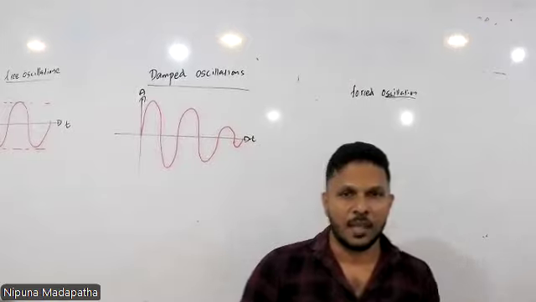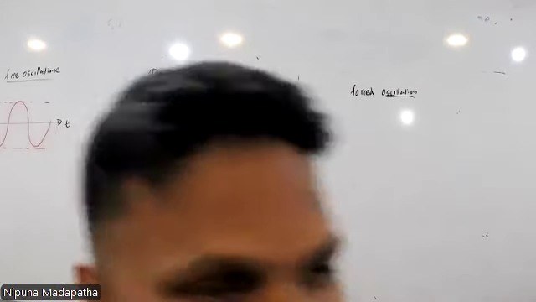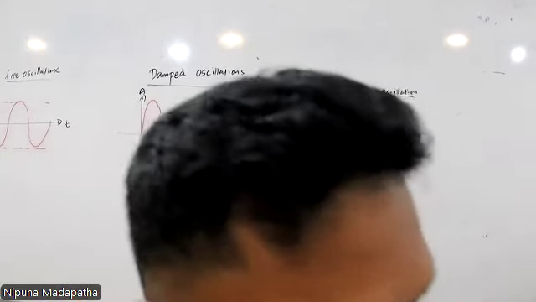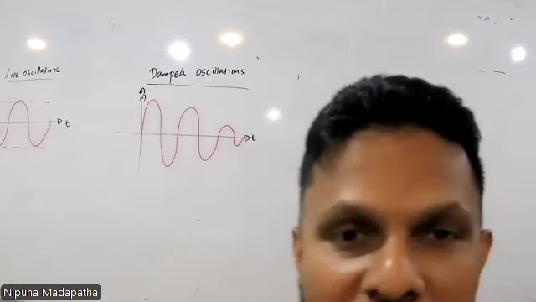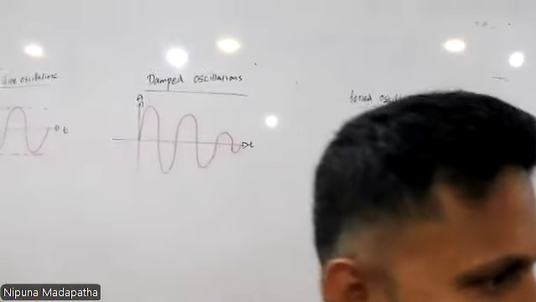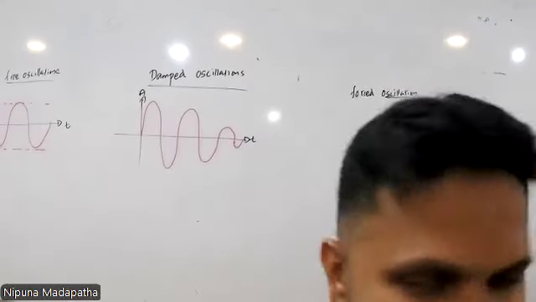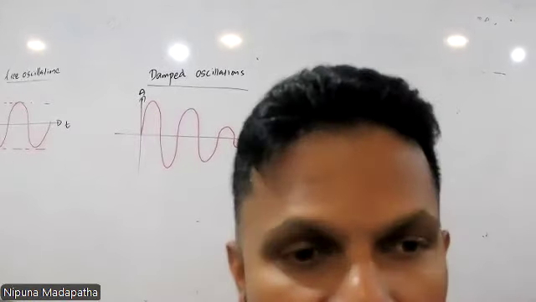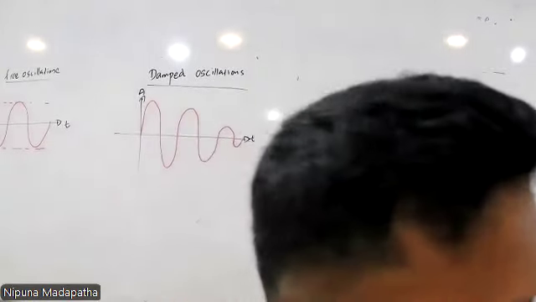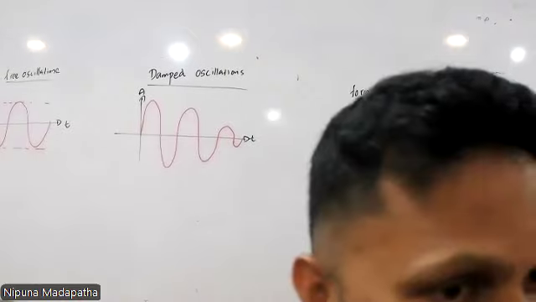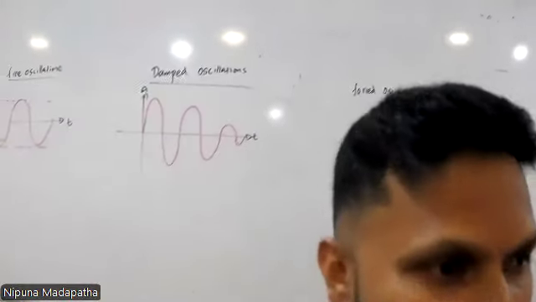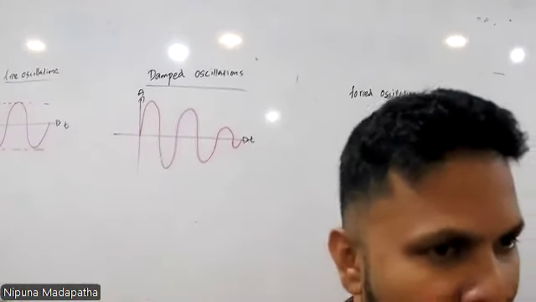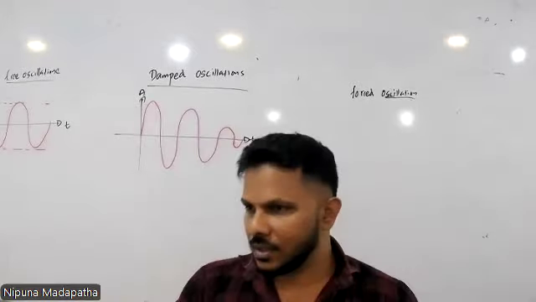Natural frequency. When you make it oscillate again, the oscillation frequency equals the natural frequency. Then it gets resonance.